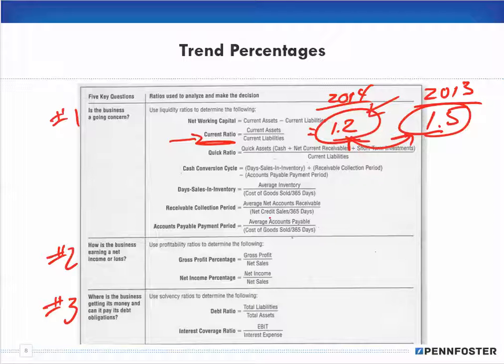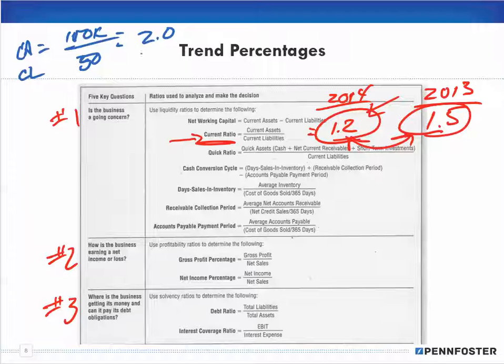Like, for example, current assets versus current liabilities. Let's say my current assets are 100,000 and my current liabilities are 50,000. If I divide 100,000 by 50,000, I get a current ratio of 2.0.